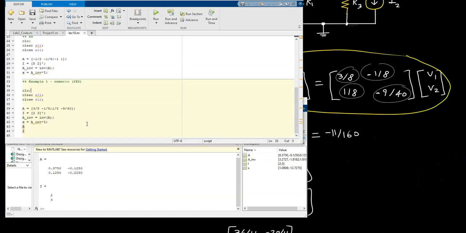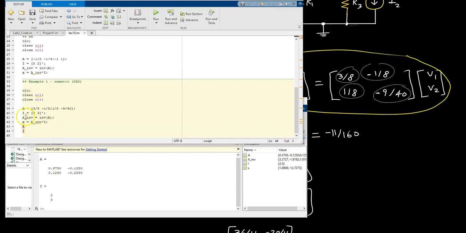Okay, so looking at MATLAB, you can see that I've entered the matrix A as what we found the conductance matrix to be. If you're not familiar with MATLAB, this is not going to be a MATLAB tutorial, but I've demonstrated what A is, which is the simplified version of the fractions there, and the current I is the column vector, which is a 2 by 1 vector, and is 2 and 3 here.